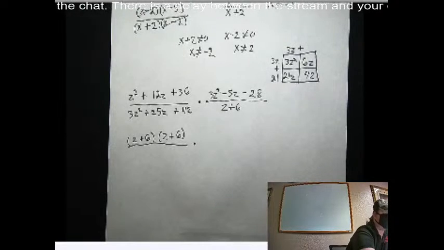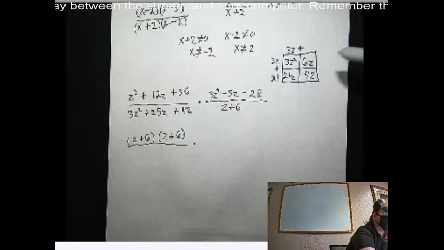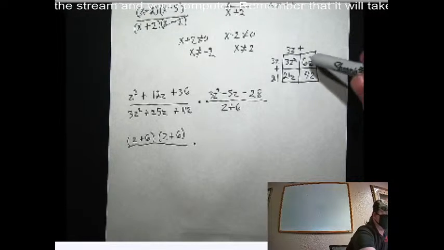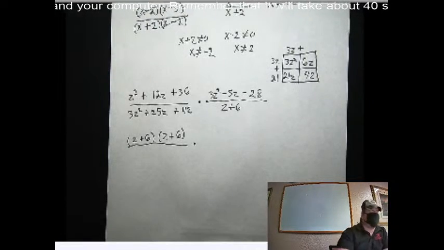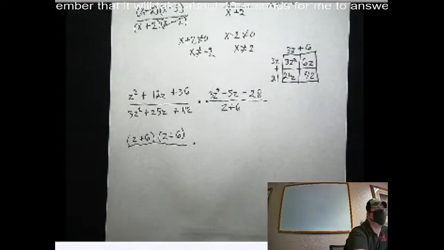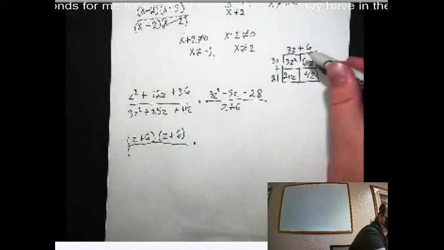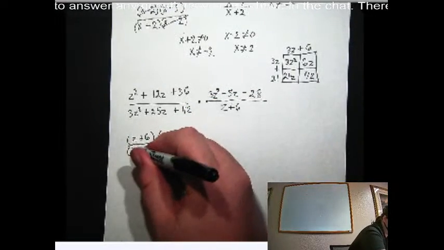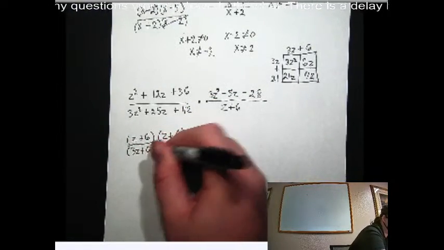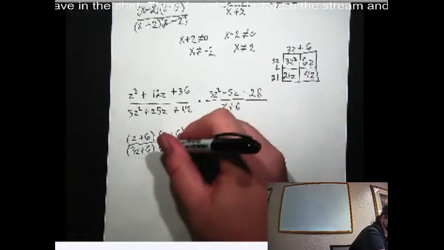And second column, you have 6z and 42, oh, I'm sorry, I thought that was a z. Yes, 6. Okay, so put those in here. We have 3z plus 6, and we have 3z plus 21.